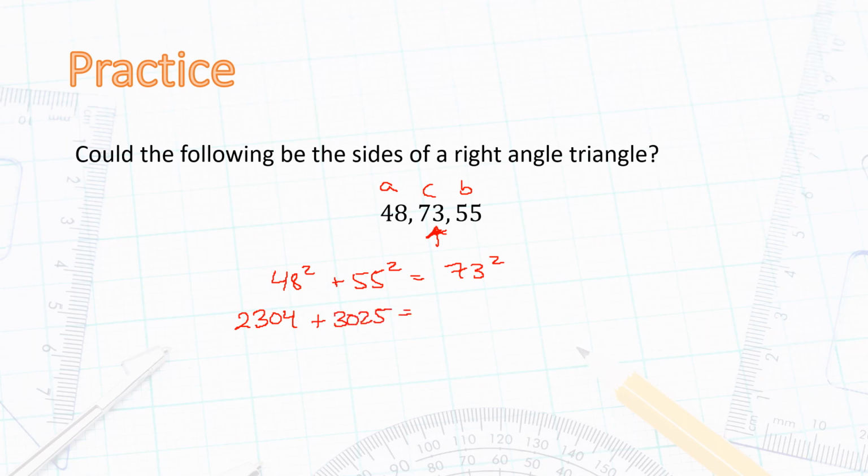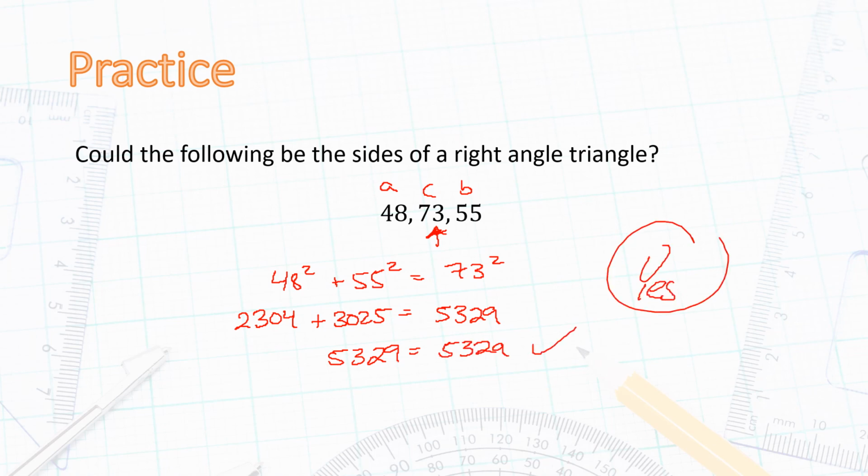And 73 squared is 5329. And you add those together, you get 5329. So they do match, which means this is a yes.